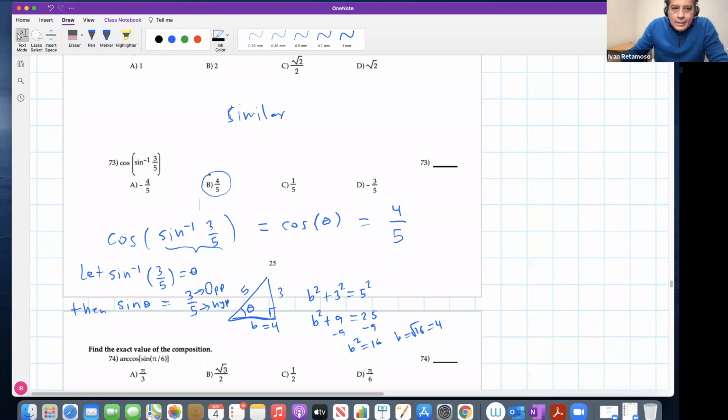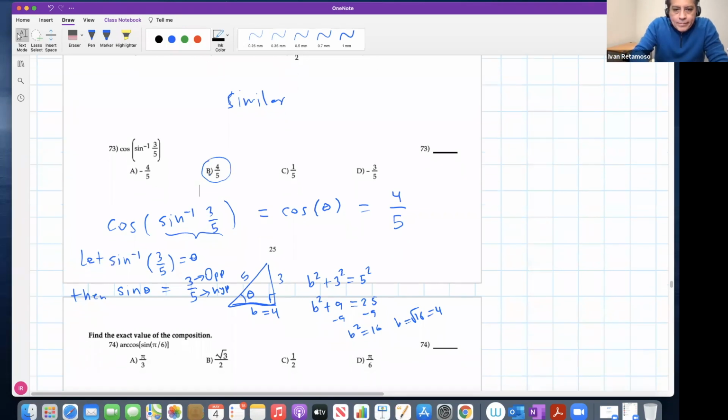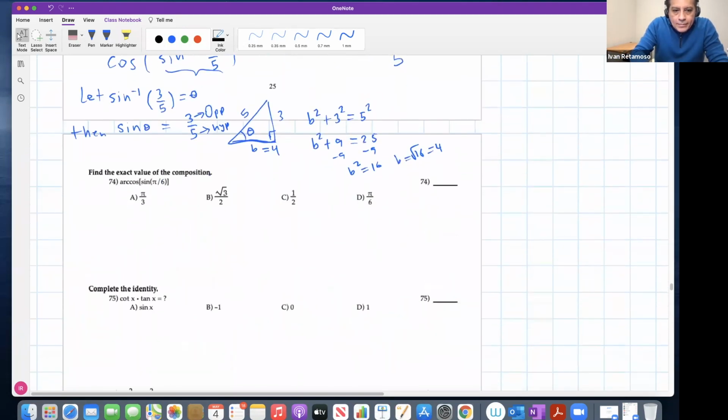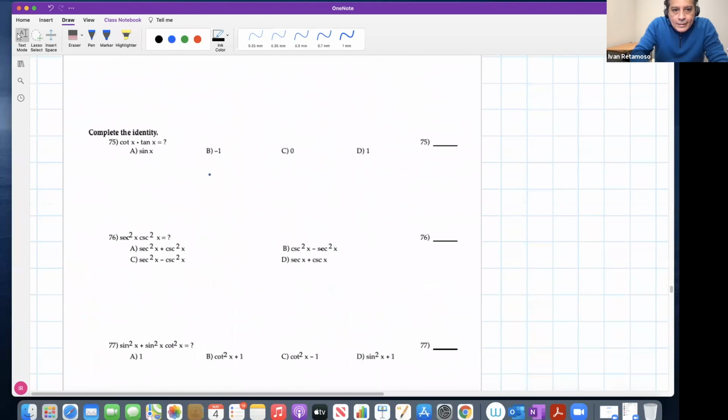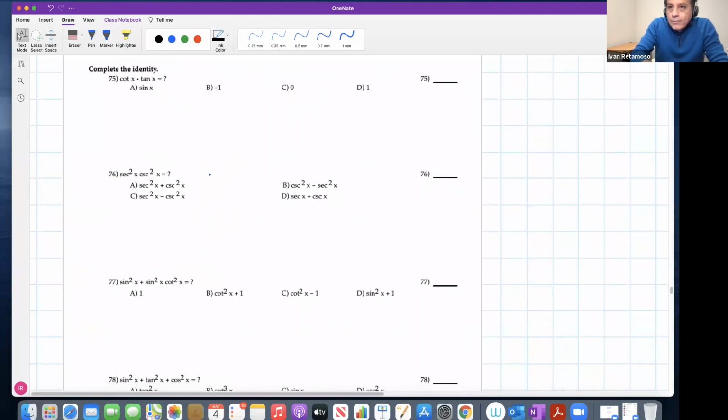So this is a technique that you can use in case they ask you to do the composition of an inverse trigonometric function with some function. Now let's look at these identities and the double angle formula. The ones we did before are basically simplification. Cotangent of x times tangent of x, what's that equal to?